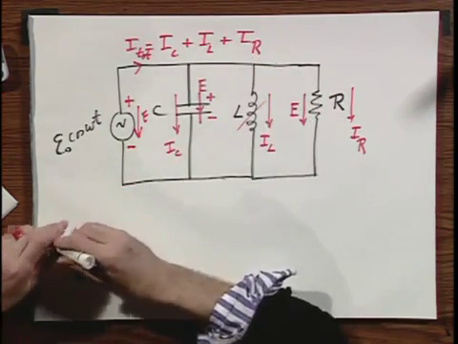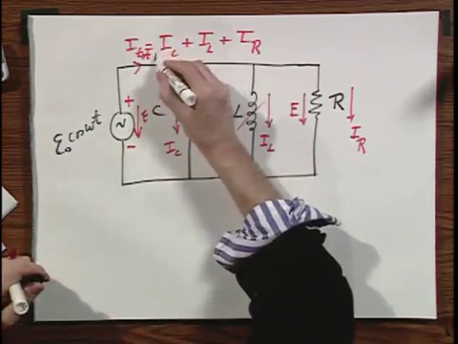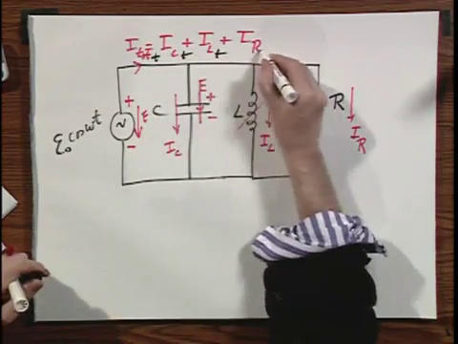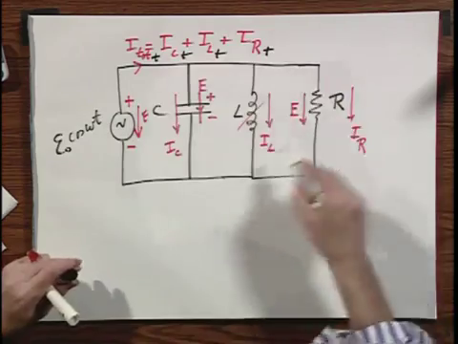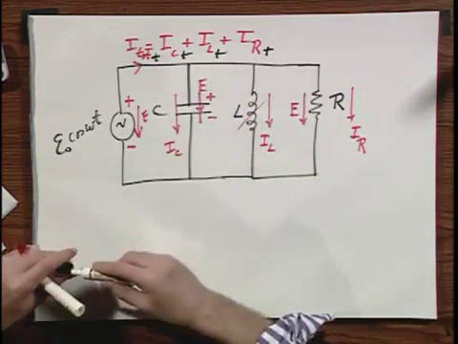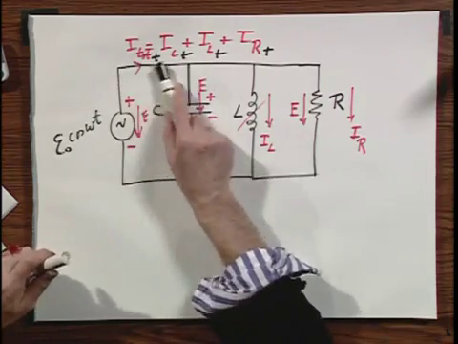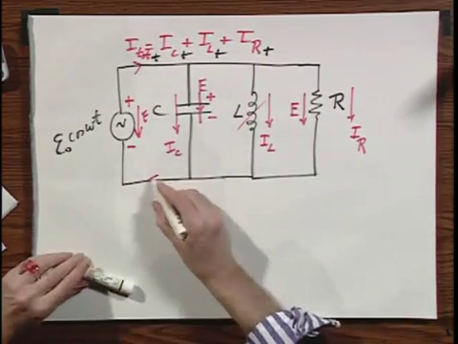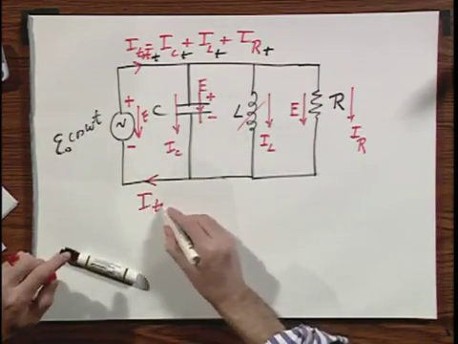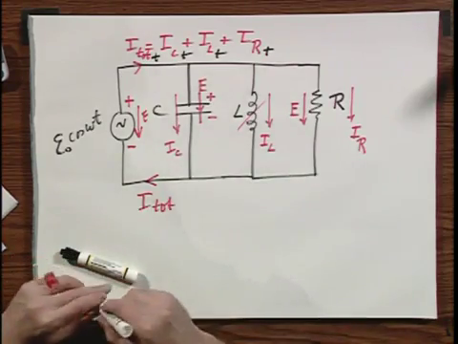At any moment in time. So I put a little t here, a little t here, a little t here, a little t here. I assume that no charge can pile up at any of these intersections, so therefore the total current that flows in here must be the total current that flows out here. It's the sum of these three currents.